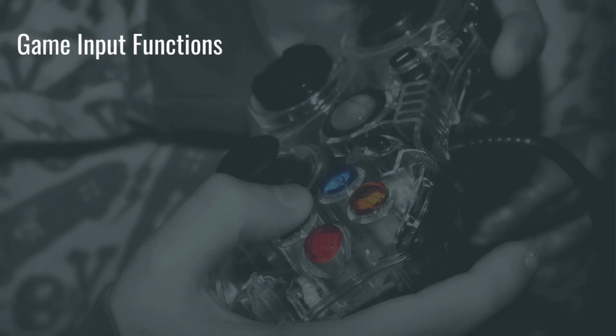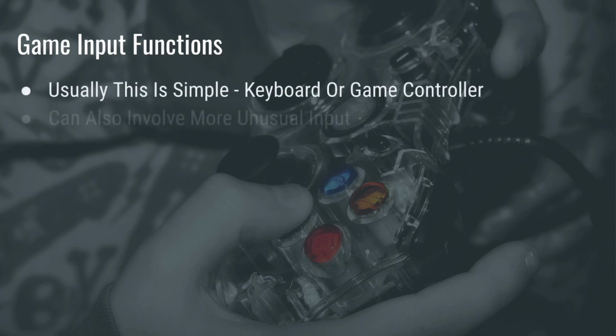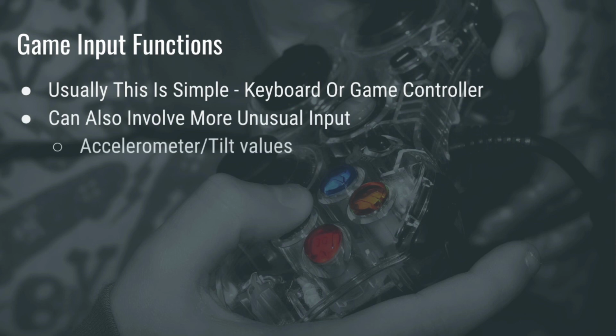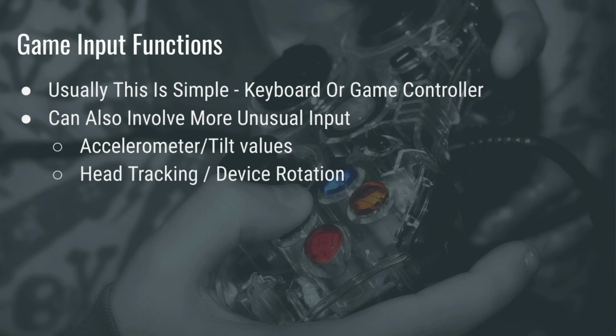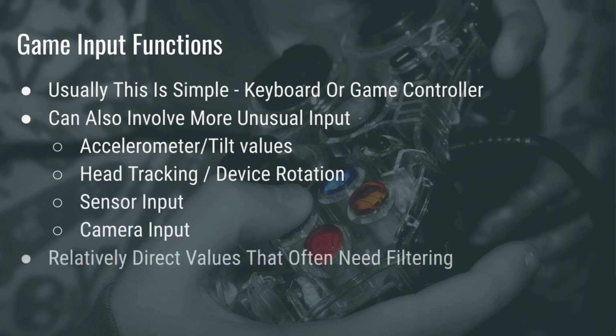And last but not least, we're going to have various kinds of game inputs from the player in general. That's usually going to be either a keyboard or a game controller. It can often involve more unusual types of input, like accelerometer or tilt values if you're doing mobile games. You might have head tracking or device rotation in VR games, sensor input of different kinds, camera input of different kinds. A lot of the time, these are very direct values, and they can need filtering.